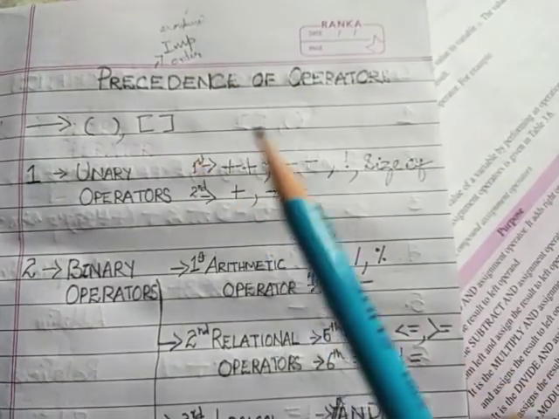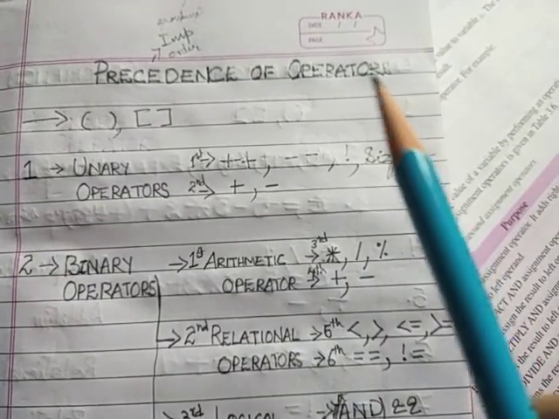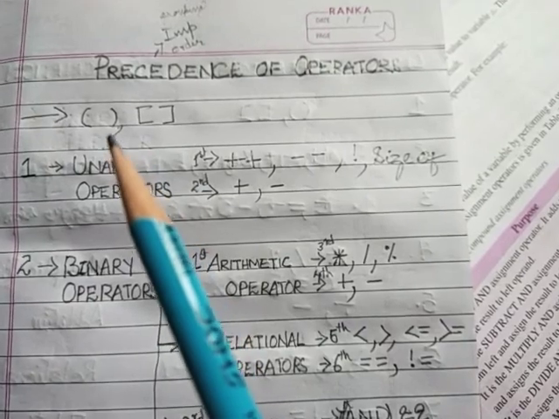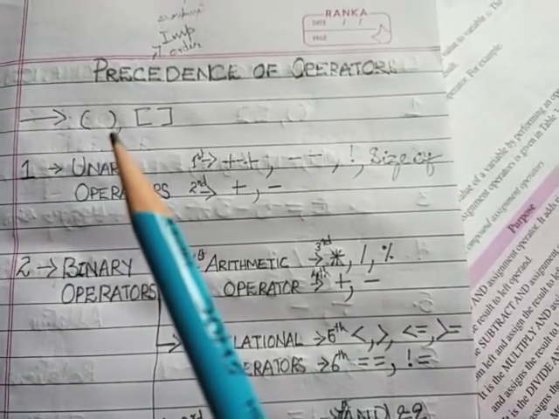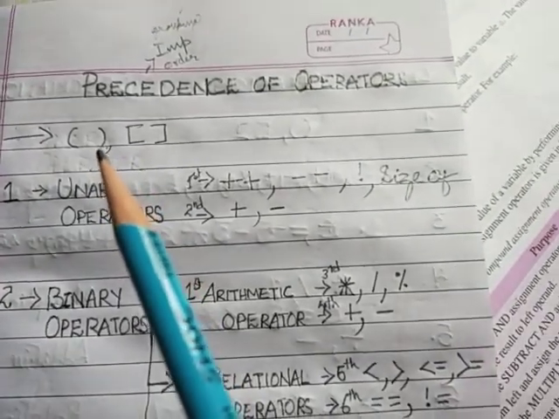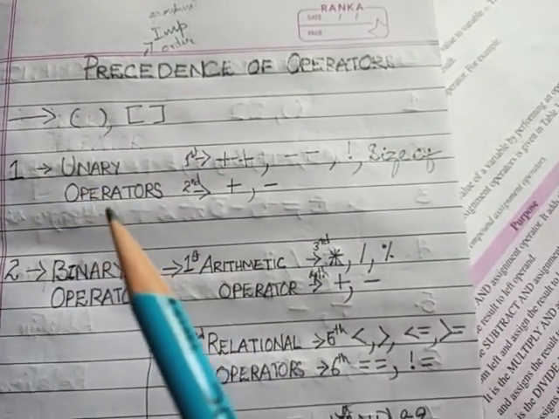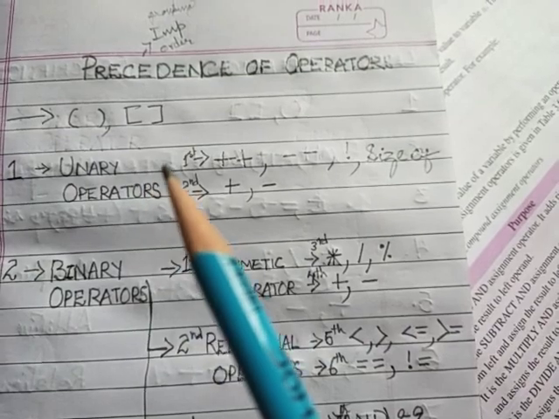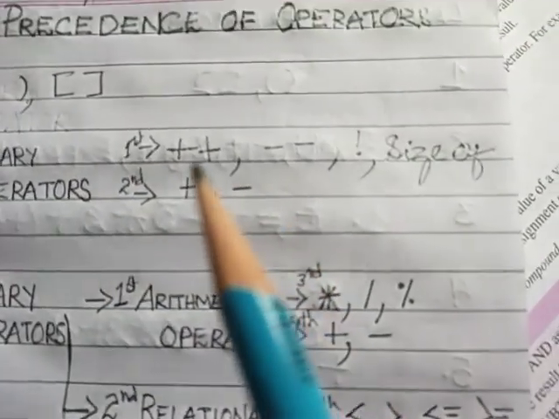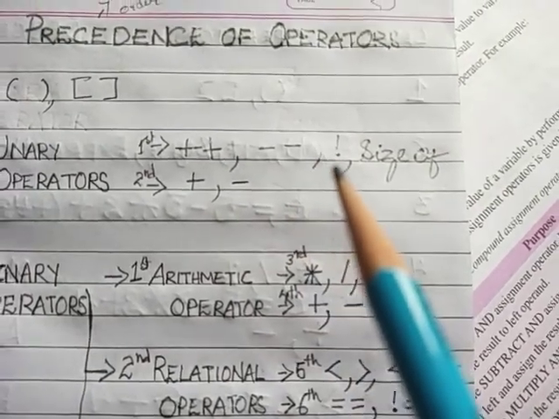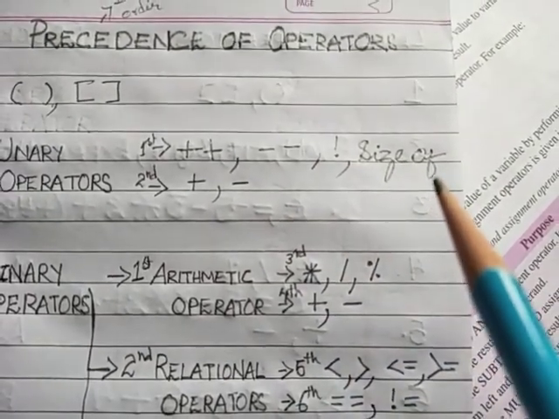So the precedence of operators in C or C++ is: first, in the highest rank, just like in maths, we have the bracket. Next, we have the unary operators. In unary operators, in the highest rank we have the increment operator, decrement operator, not operator, and sizeof.